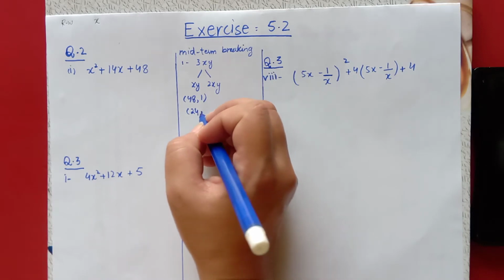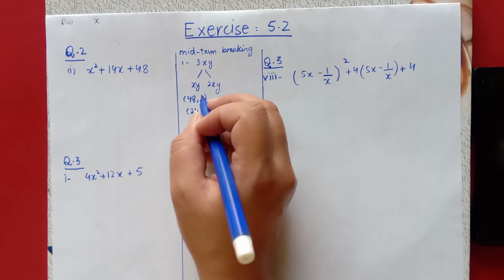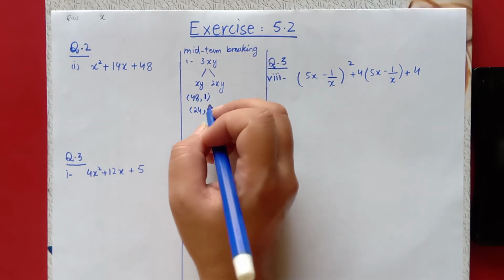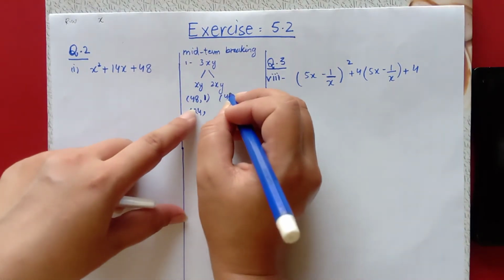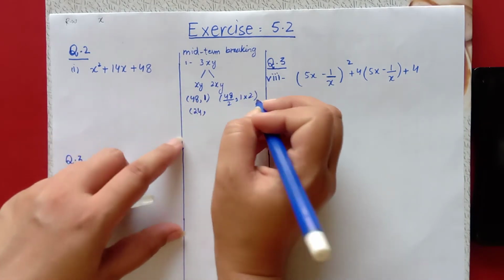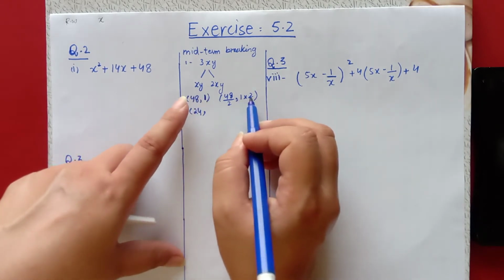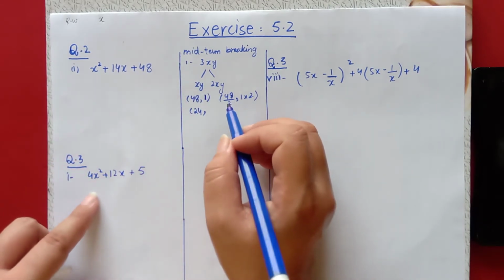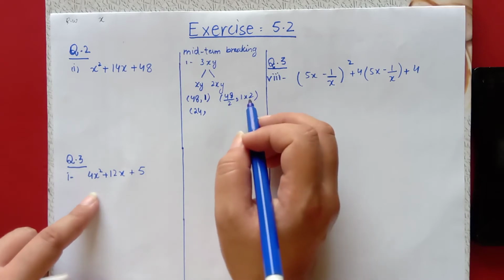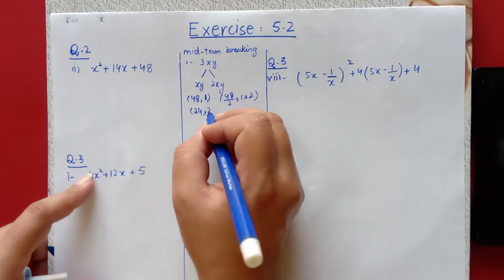Right, and since I have divided it by 2, I will have to multiply the second number by the same number. Like I divided 48 by 2, I will have to multiply this 1 by 2. If I divide it by 3, then I will have to multiply 1 by 3. But in this case, as I divided by 2, I am multiplying it by 2 as well. So here I will get 1 into 2 will be 2.